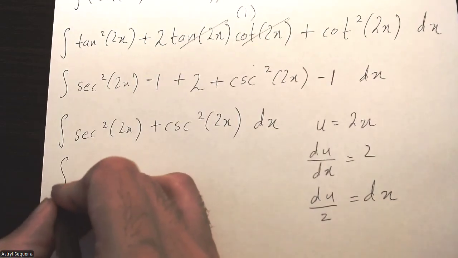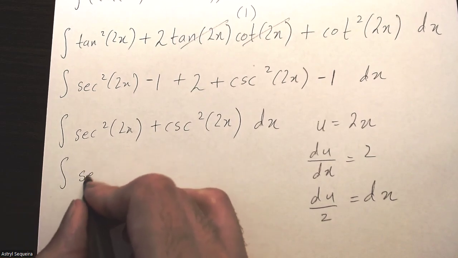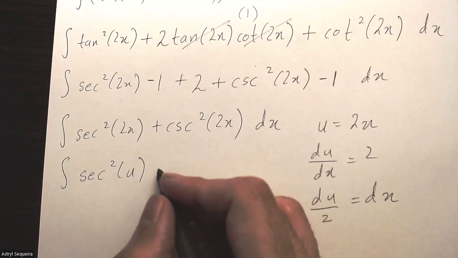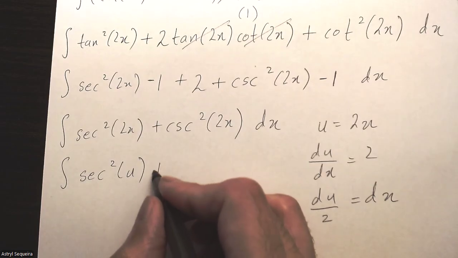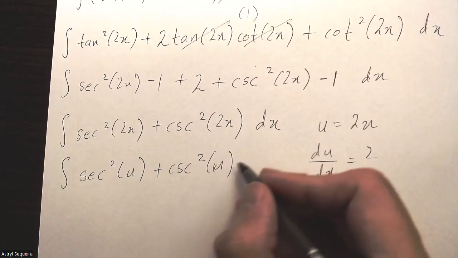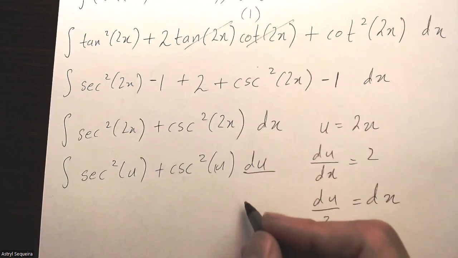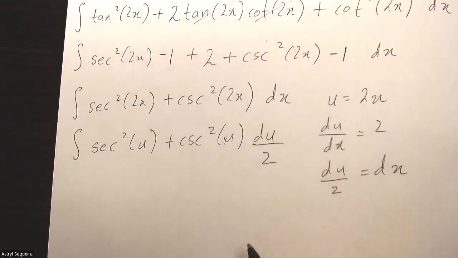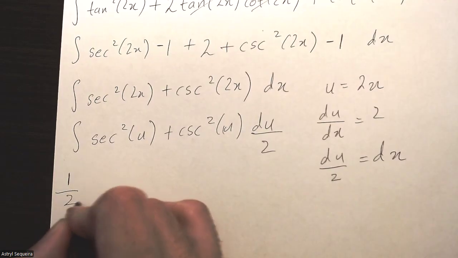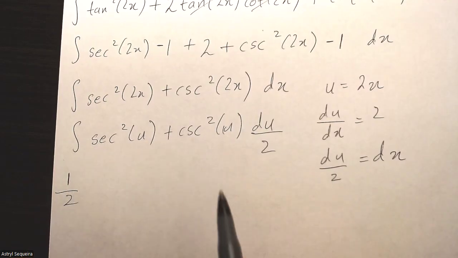And now let's do our substitutions. I have sec squared u, which is going to be very easy to integrate, plus cosec squared u, which is also going to be easy to integrate, and then du over 2. You can pull out this 1 over 2 to the front if you want.